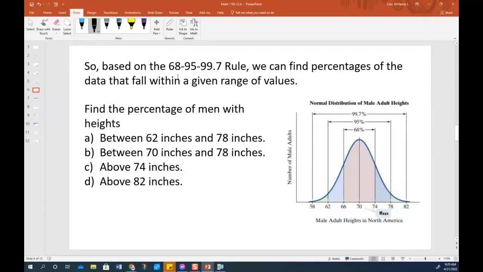So we can also find percentages that fall within that given range, and this relates to what I was doing earlier. Again, I'm going to relabel things. It's not the only way to do it, but I think it can help you see it.